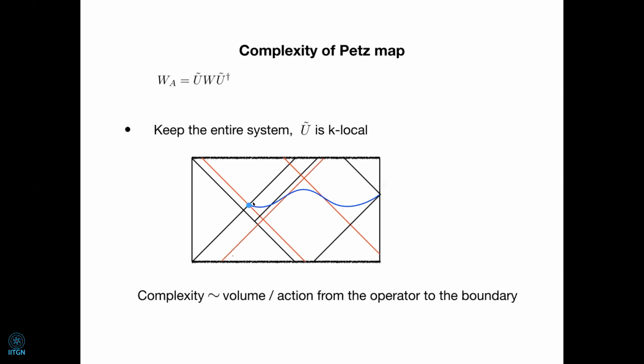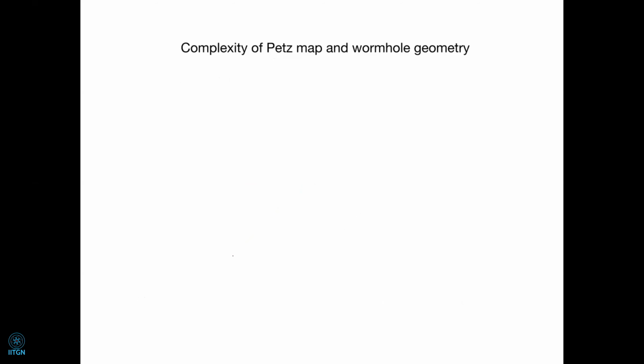From this picture, we get some intuition that in this case, if we keep the entire system, then we expect the complexity is related to the volume or action from the operator to the boundary. So let's check this idea in some particular examples. We look at the complexity of the Petz map and wormhole geometry under the assumption that we keep the entire system.